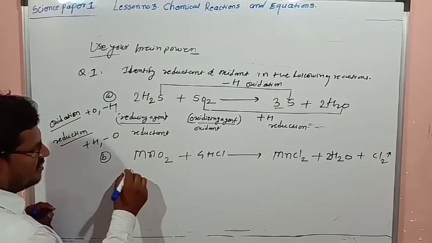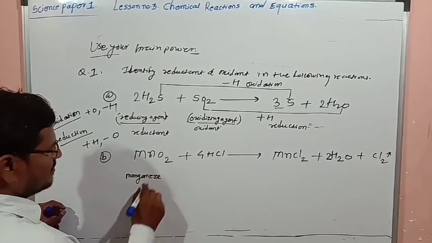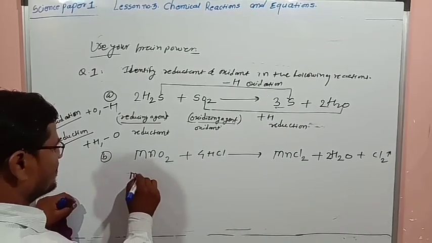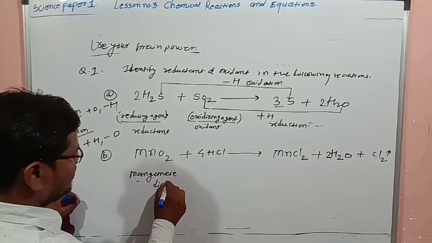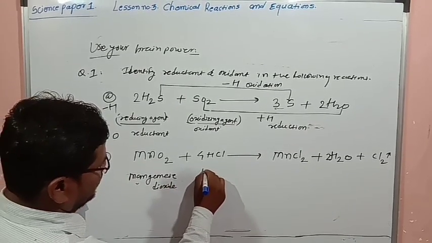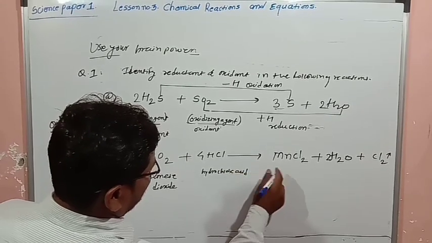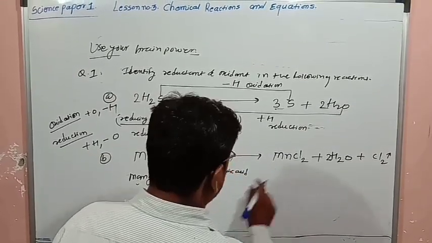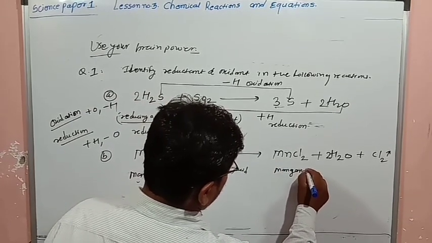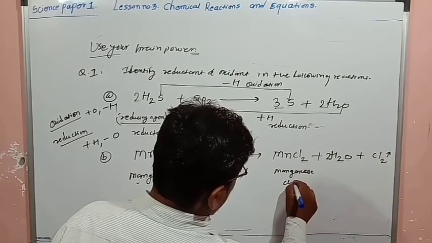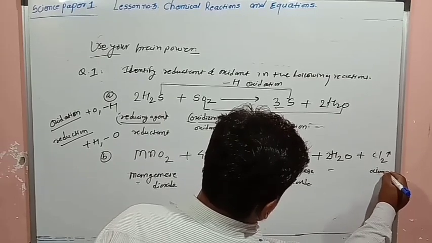The names are: manganese dioxide, hydrochloric acid, manganese chloride, water, and chlorine.